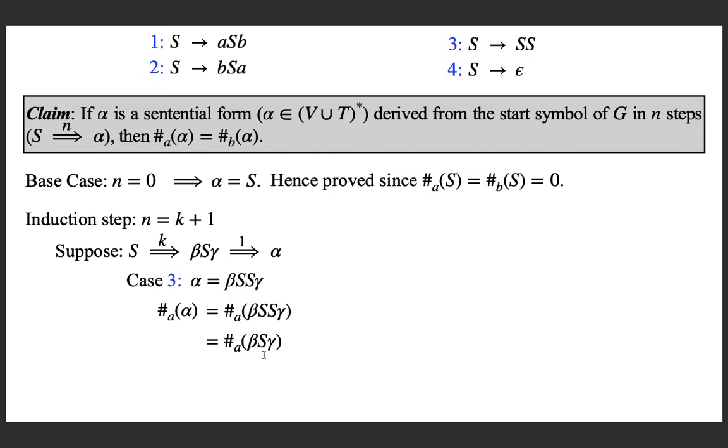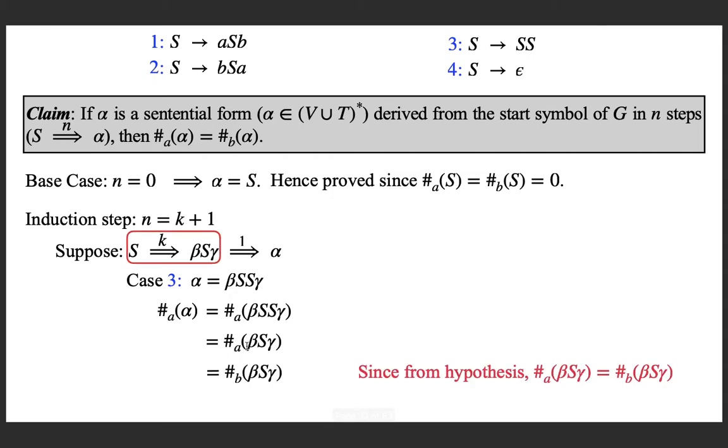And now from the induction hypothesis we know that the number of A's here is the same as the number of B's, because this is derived using k steps. Now I can say that it doesn't matter if I just put a capital S here, because in capital S no B is added. So this is exactly the number of B's in alpha. So it's done in that case as well.